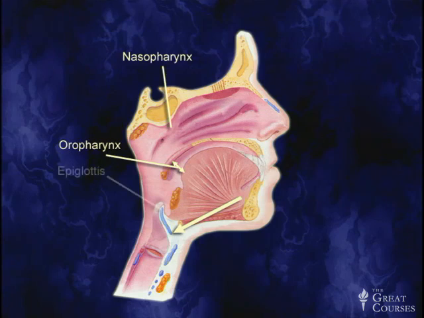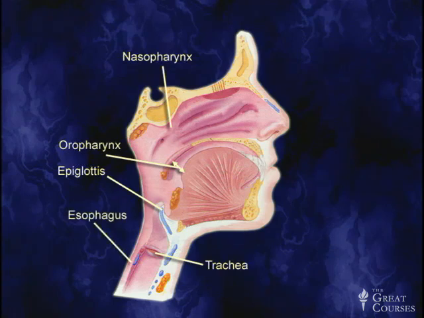And it's called the epiglottis. It's covered with mucous membrane also, just like the rest of the cavity is. When we swallow, what happens is the trachea, which is right here, here's the opening to the airway, which is in front of the esophagus, this little slit is the esophagus, rises up to meet the epiglottis.